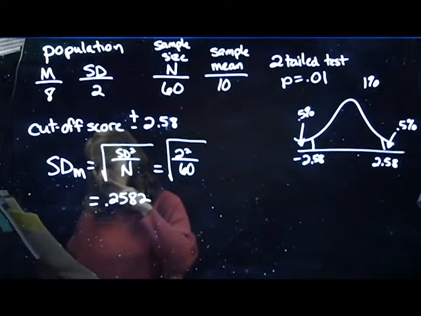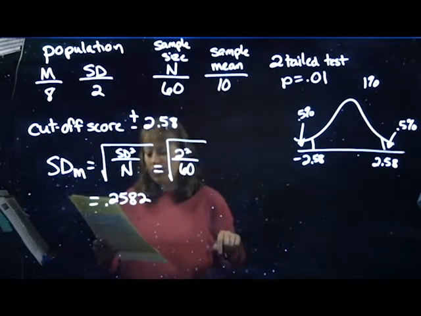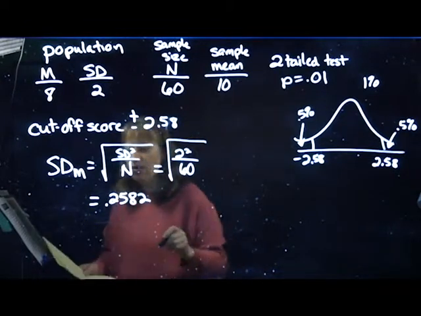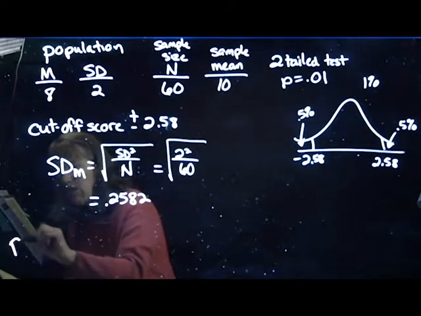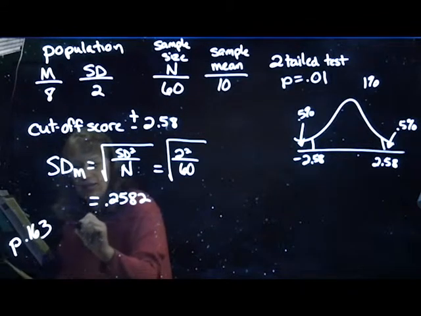So that is our standard deviation of the distribution of means. So now we can go ahead and calculate our z. You want to take a look at page 163 in the text.